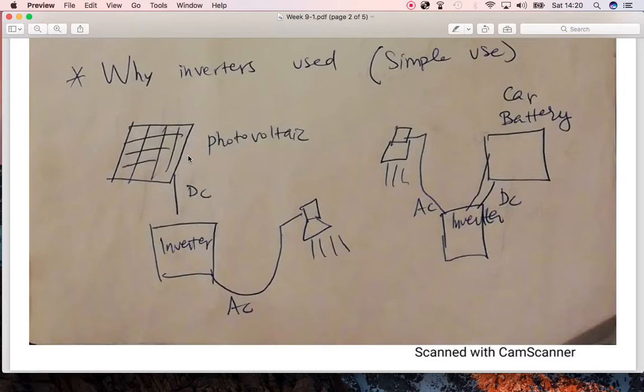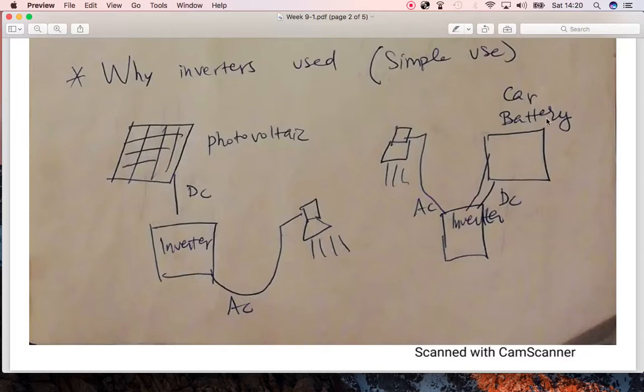That electrical energy is stored in some DC battery. Over here there is no DC battery, but that DC power is directly being fed to the inverter, from where it is transformed into AC power, which can be used for the home appliances.